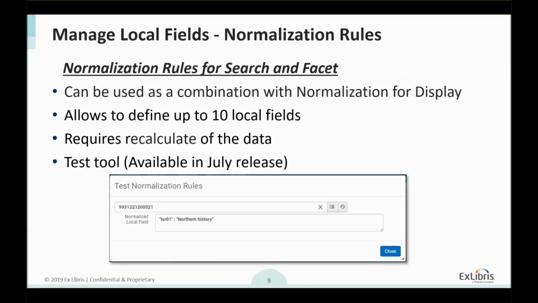Regarding the normalization rule for search and facet, it can be used only in combination with the normalization rule for display. And we allow you to define up to 10 such local fields.